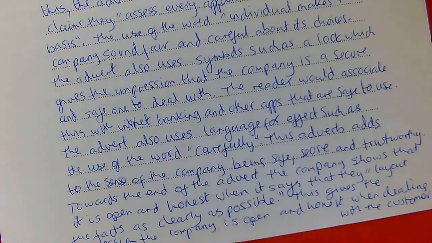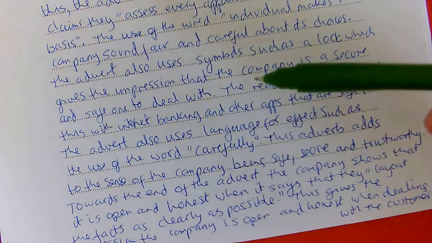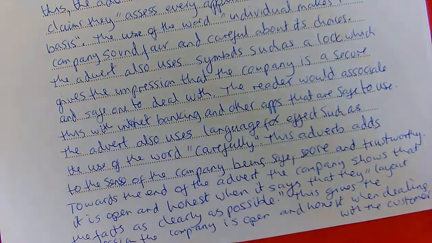So we've got a full range, haven't we? We looked at the heading, we've looked at the use of language, we've looked at the use of symbols, we've looked at both responsible and trustworthy. So it is quite a full range there, and that's what we're looking for in band 4 and 5. There needs to be a full range of examples and looking at the trustworthy and reliableness.